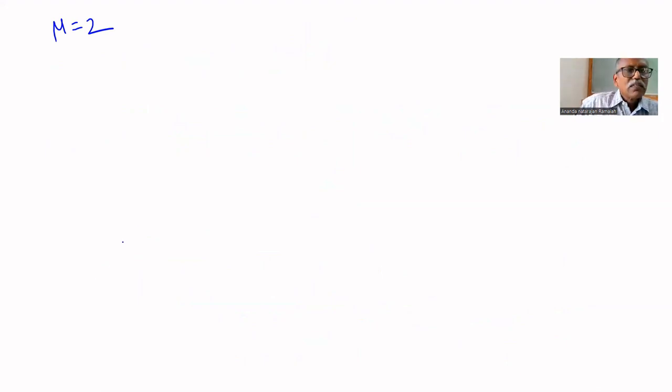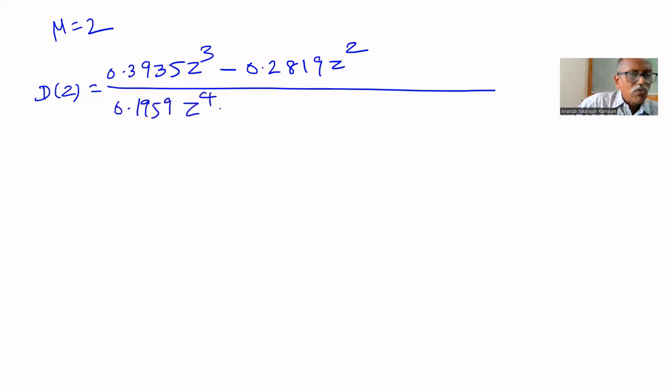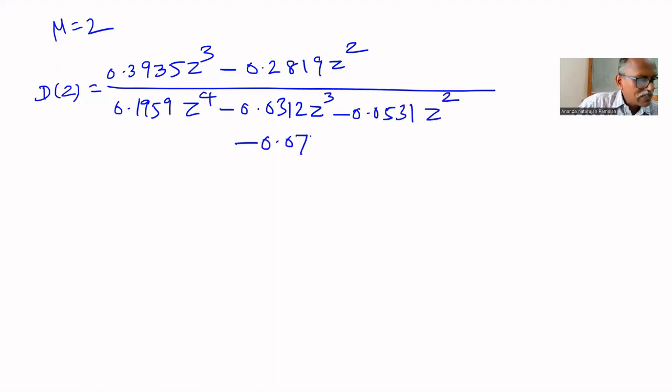If you assume the closed loop time constant mu equal to 2, D of z equal to 0.3935 z cube minus 0.2819 z square upon 0.1959 z power 4 minus 0.0312 z cube minus 0.0531 z square minus 0.0771 z minus 0.0345. That is the constant term. This is the controller if mu equal to 2.